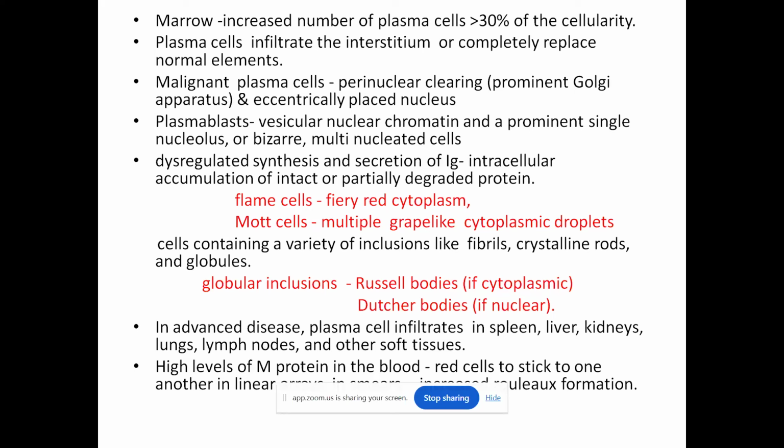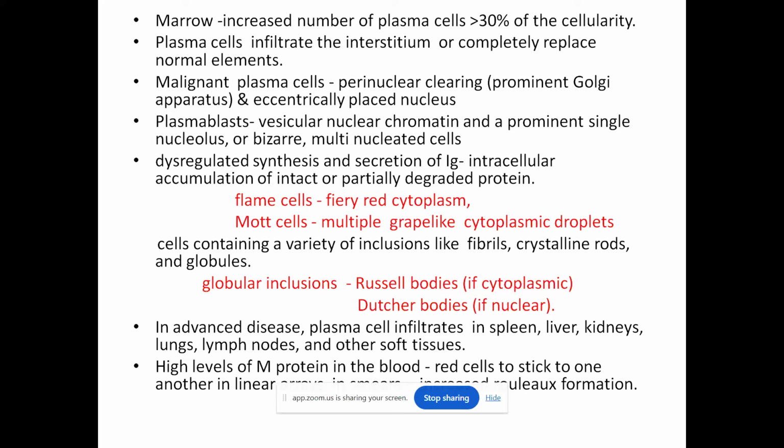Due to the dysregulated synthesis and secretion of immunoglobulins, these immunoglobulin proteins or inclusions will be seen in the cytoplasm of these malignant plasma cells. If the cells contain a fiery red cytoplasm due to the intact or partially degraded protein, they are called flame cells.